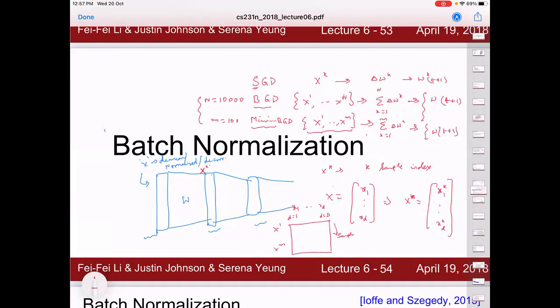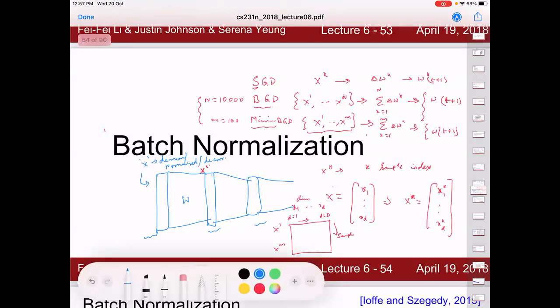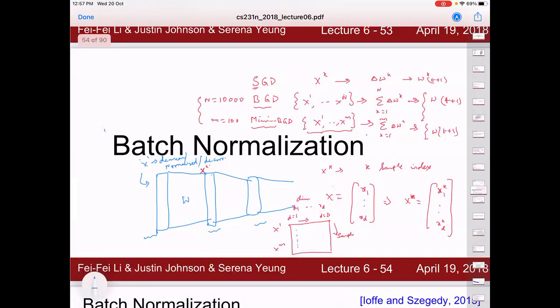So batch normalization effectively does the following: since we have several samples at our hand, can we use all the samples effectively, and, looking at the spread of these samples at a given dimension d naught, can we standardize them?